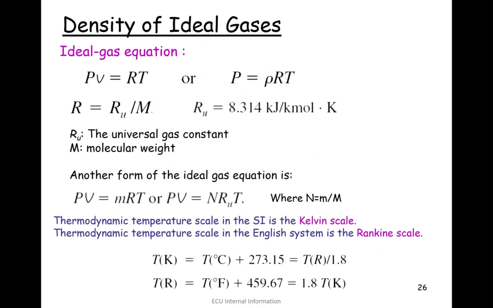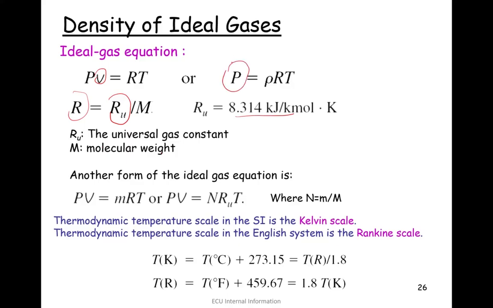Density of ideal gases. You know the ideal gas law is pressure times volume equal to a constant times temperature, where this constant is normally the universal gas constant, which is this number, divided by molecular weight.